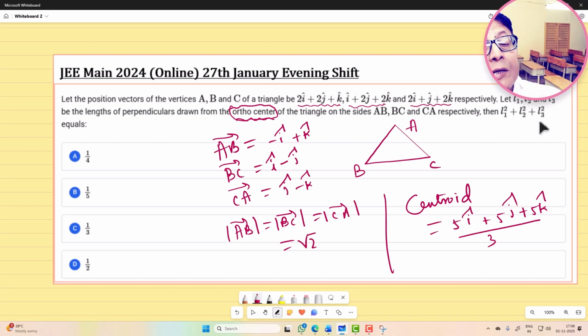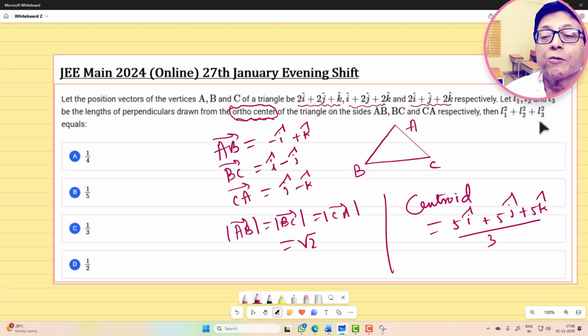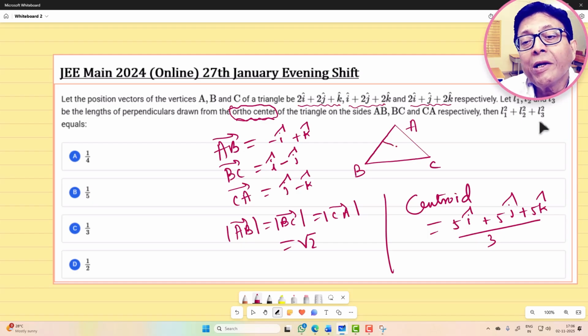Equilateral triangle. They all coincide. And in fact, from the centroid, if you draw perpendiculars on the sides, they are also going to be the same. This is the centroid. And if you join it, then they lie on the same line, isn't it?